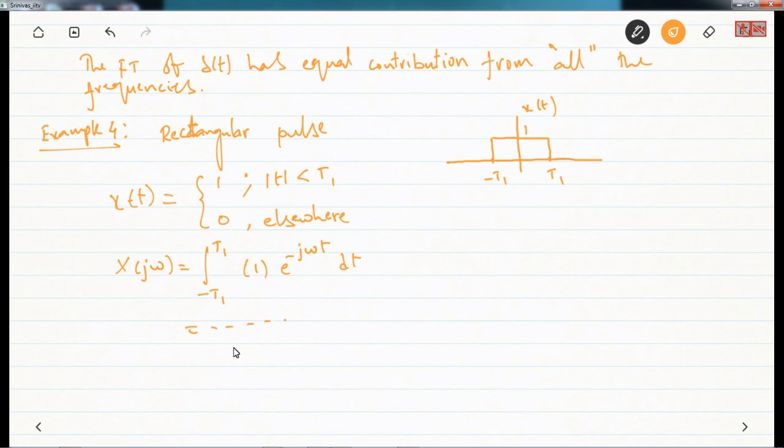After doing some manipulation, what you get is x of j omega equal to 2 sine omega t1 divided by omega.